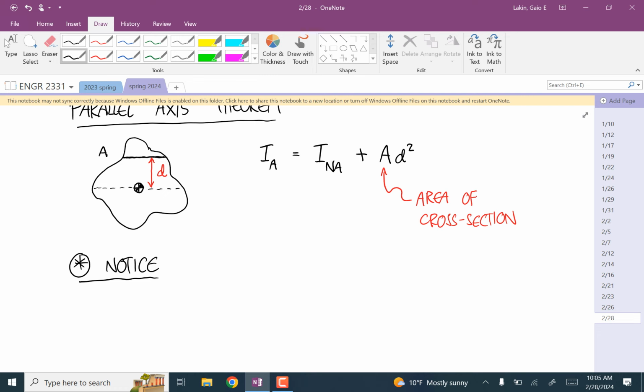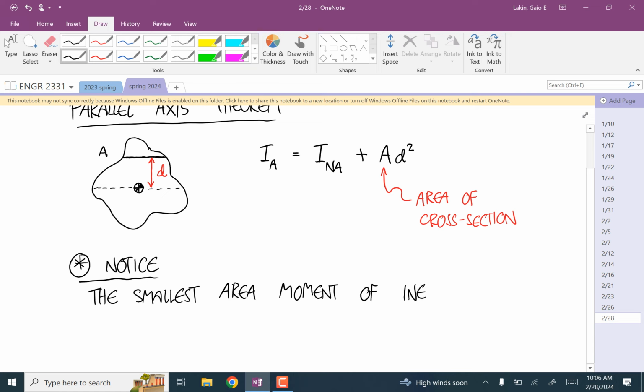Well, it works the same with the area moment of inertia. The smallest area moment of inertia is about the shape's neutral axis. Anything else gets bigger because you're just adding a positive number. So the smallest area moment of inertia is about the shape's neutral axis.